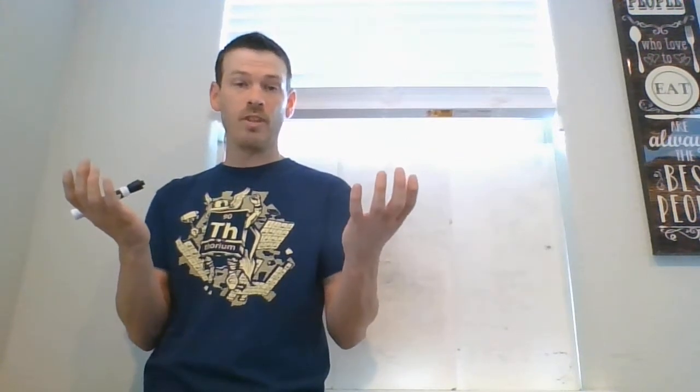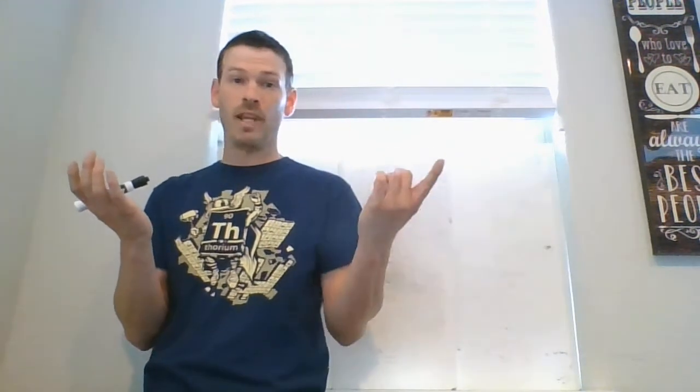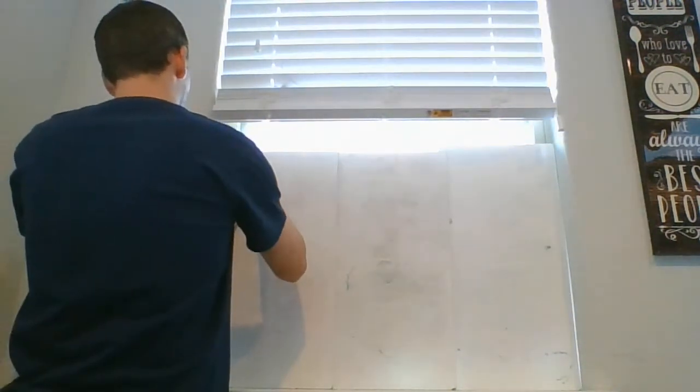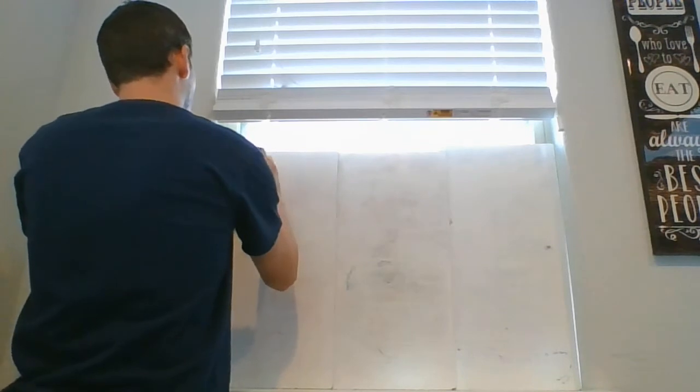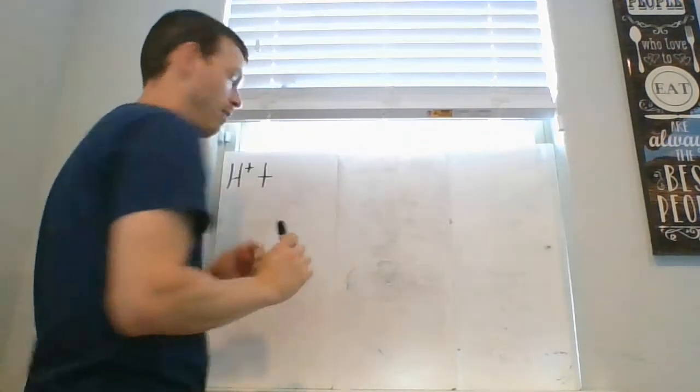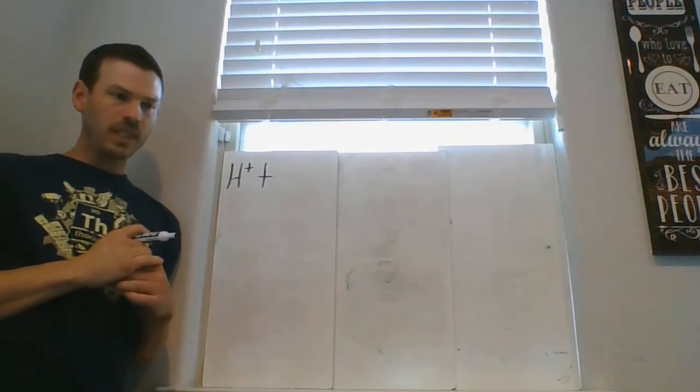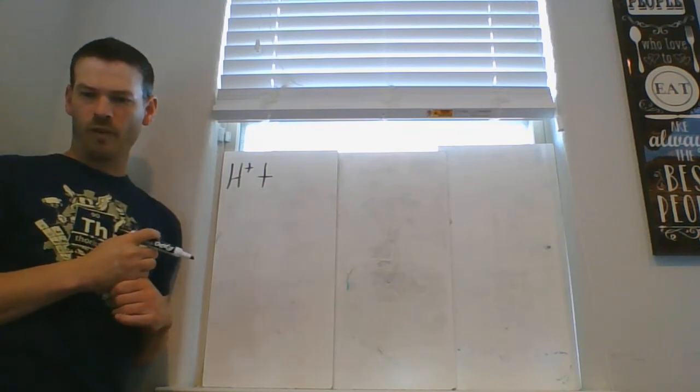The other thing in the buffer can handle a different type of invader to produce the other guy. So we need to take a look at what's being added. HCl is the invader, but I don't care about the Cl. It's just the H plus that's going to be doing the invading.